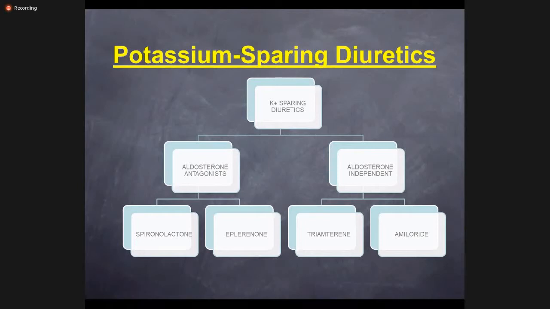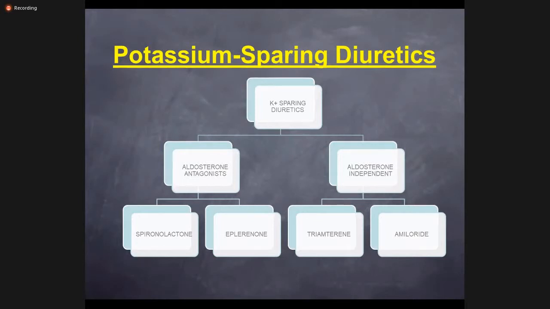But there is one difference, and this is very important from the exam point of view. One group is going to enhance the excretion of calcium, so it will produce hypocalcemia, and one group is going to prevent the excretion of calcium, rather it is going to enhance the reabsorption of calcium, right?